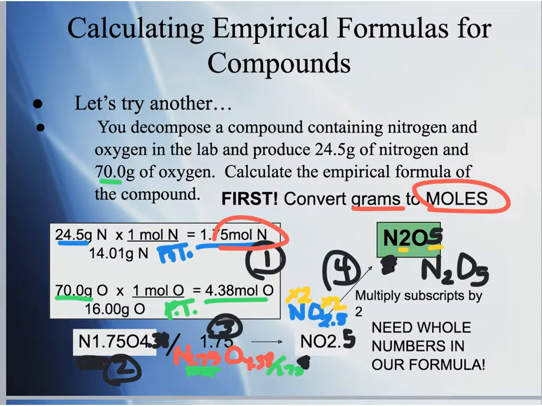You've got your whole number ratio for the compound. But if, like this one, it does not end up as a whole number, then we need to figure out a multiple to multiply it by to make it a whole number. So in this case, it was multiplying both N and O by 2 to give us the whole numbers N2O5. All right, so we just need to remember we need whole numbers in our formula.